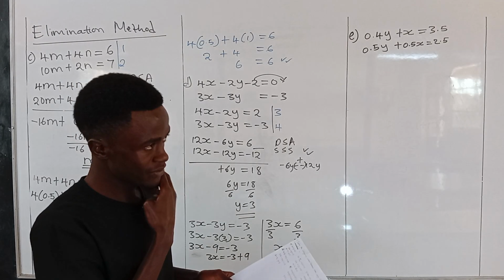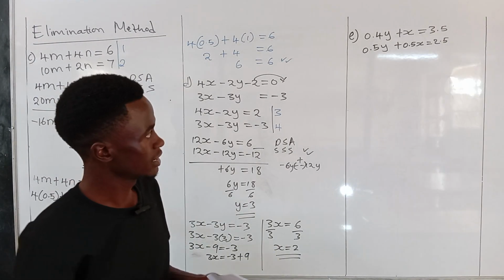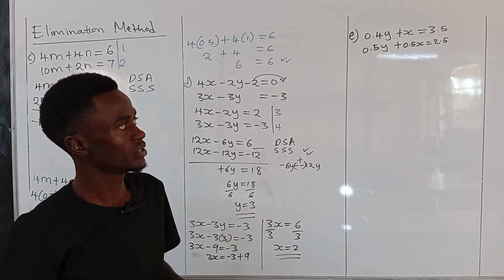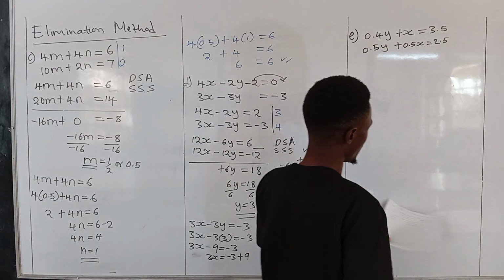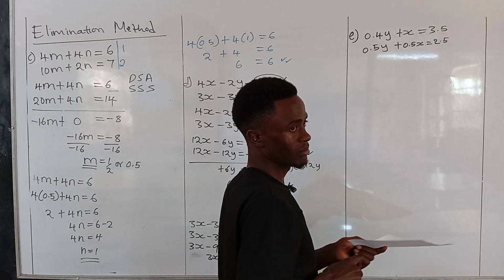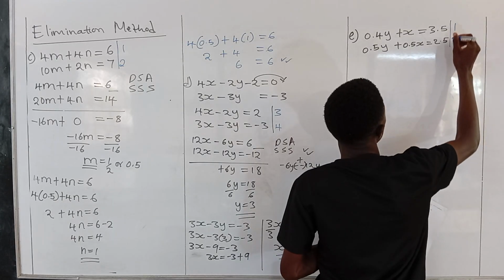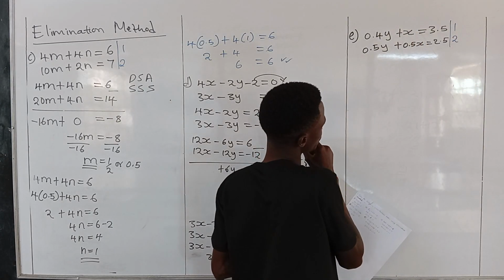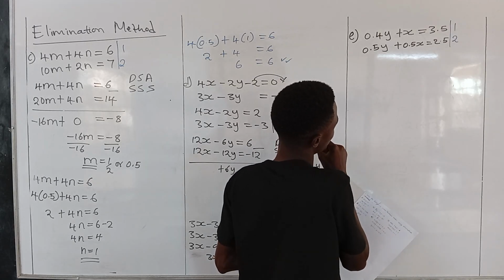So we are going to consider the number which you are going to eliminate. And for this case, I'll choose x. It is much easier because when I look at the coefficients of x in both equations, this is 1 and this is 0.5. So for us to make them similar, we are going to multiply by 1 here, then we multiply here by 2, so that we make the coefficients of x to be similar.